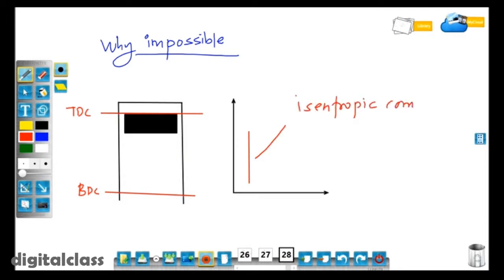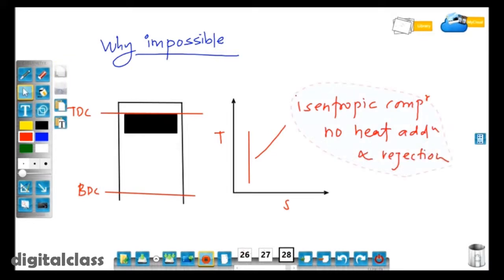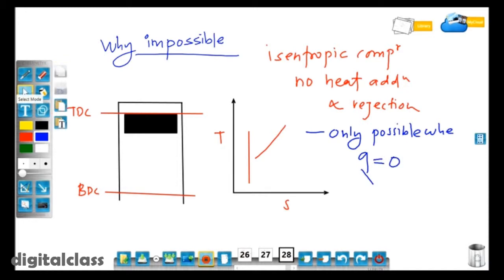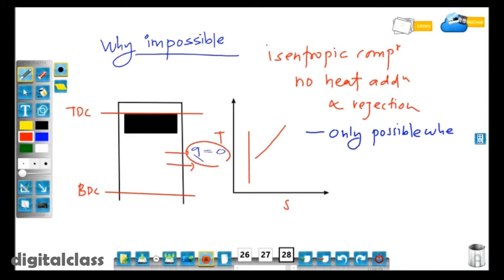On a TS diagram, this is the isentropic compression. When the piston moves from BDC to TDC, there is a rise in temperature at constant entropy. Isentropic means a reversible adiabatic process, meaning there is no heat addition or rejection, and this is possible only when the amount of heat rejected or added is 0.